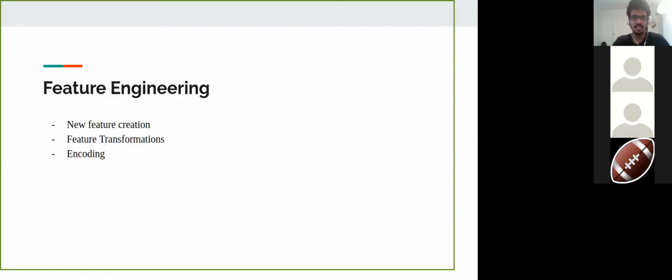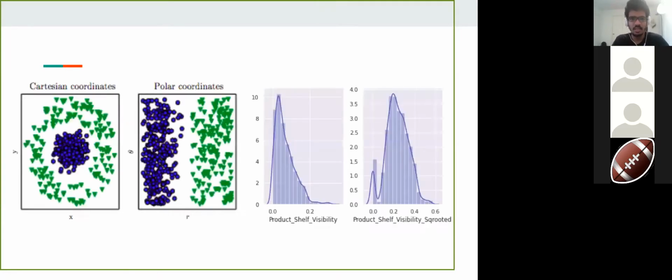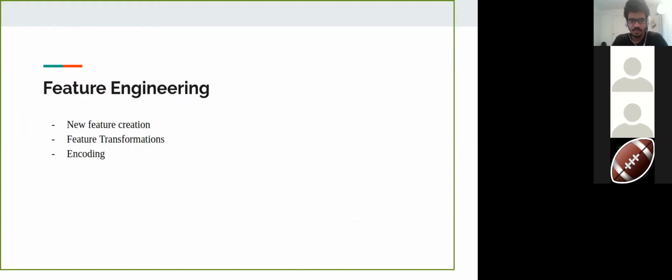As I said, we could have new feature creation, or feature transformations, and then encoding and scaling, right? So what do I mean by creating new features? Let's say your data contains sequential data separated day-wise.